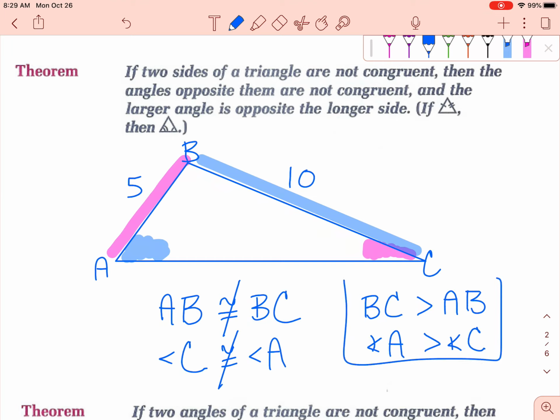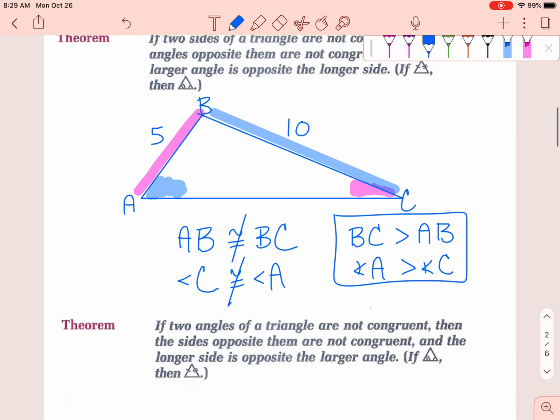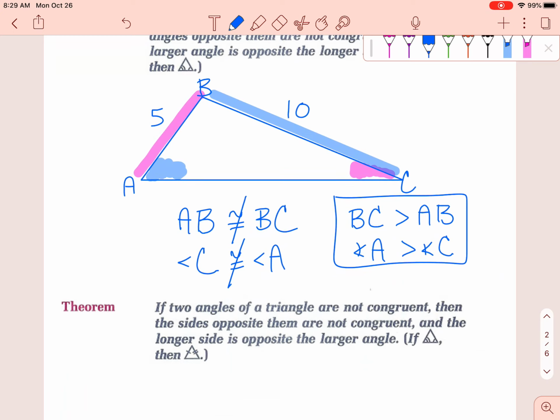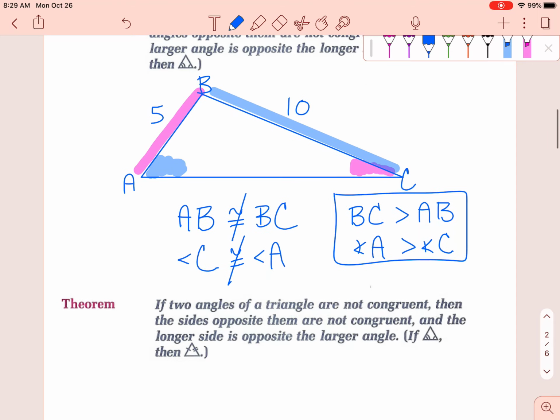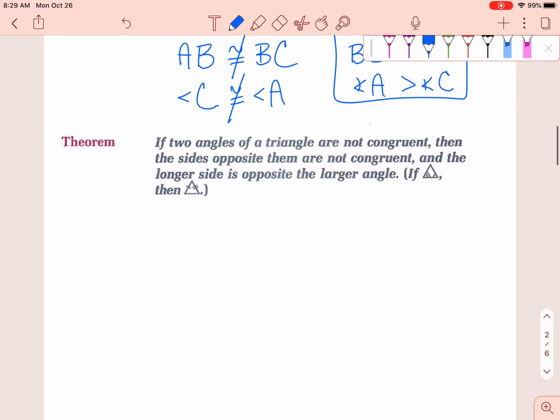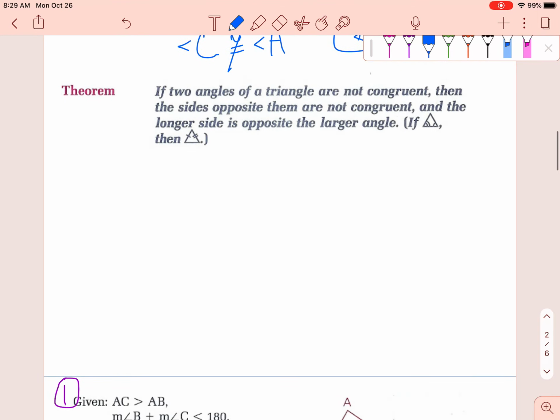That's what this is saying. If you have two sides of a triangle that are not equal, the angles are not equal, and the bigger angle is going to be across from the bigger side. The opposite is also true. If two angles of a triangle are not congruent, then the sides opposite them are not congruent, and the larger side is opposite the larger angle.